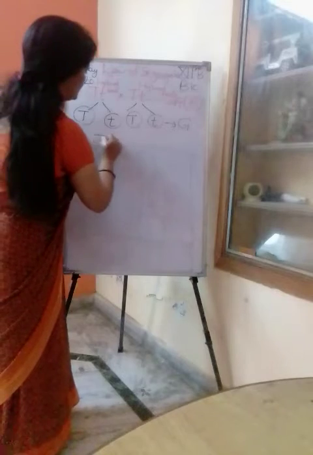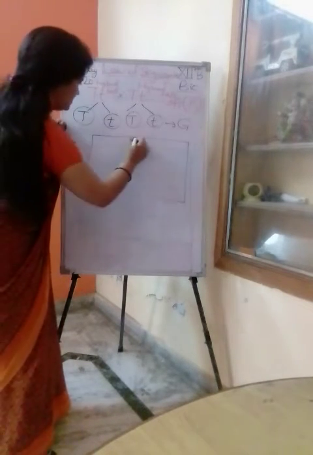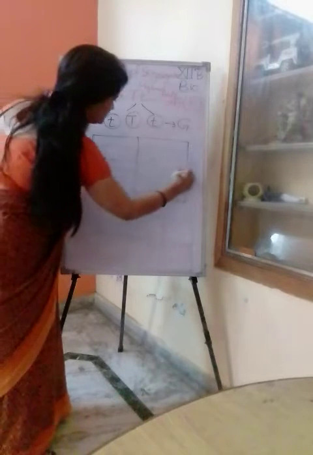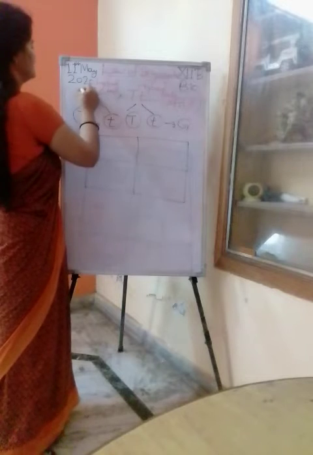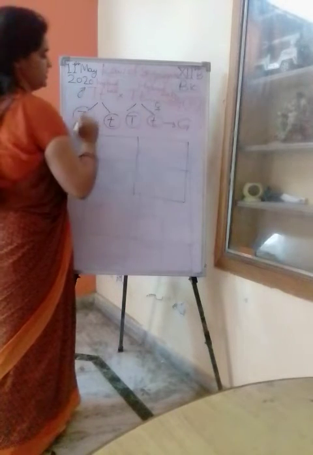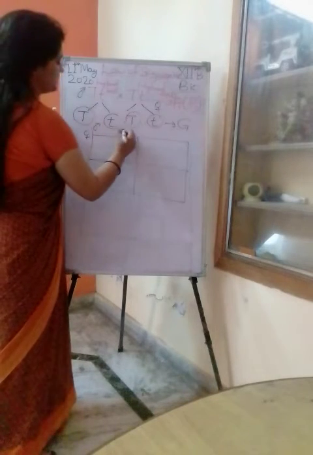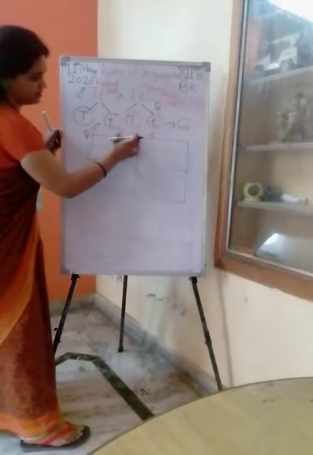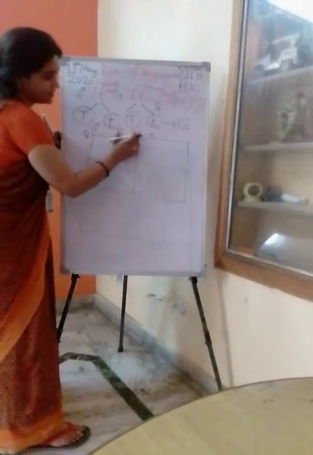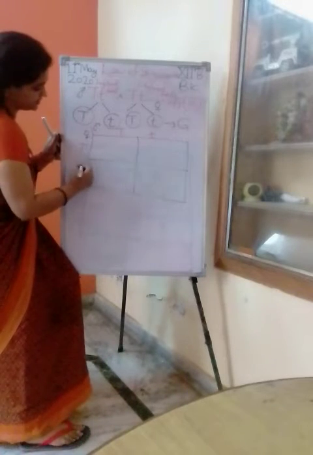Now you make a checkerboard, with male and female. That arrow is male and that is female. Now write down capital T, small t on the top of the checkerboard, and capital T, small t.